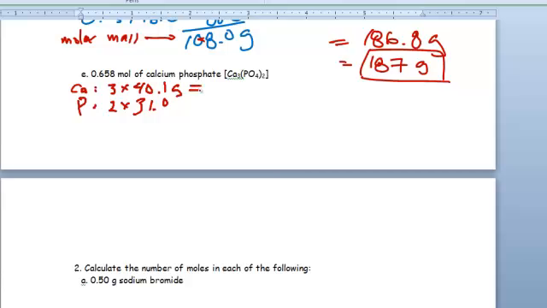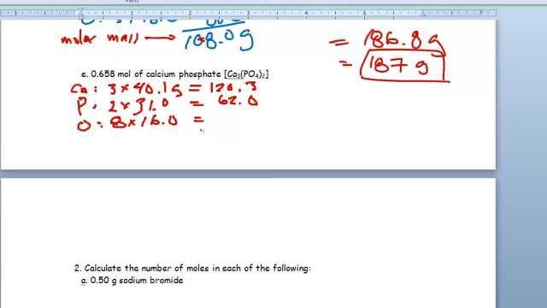Let me go ahead and do my multiplication while I'm doing these. So that's 120.3. This would be 62.6. And then we've got oxygens. How many oxygens? That's 2 times 4, so that's 8 times 16.0, and I believe it's going to be 128.